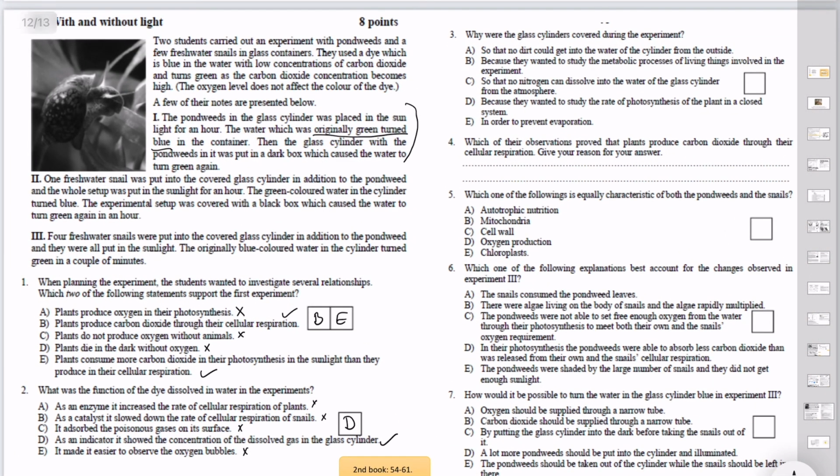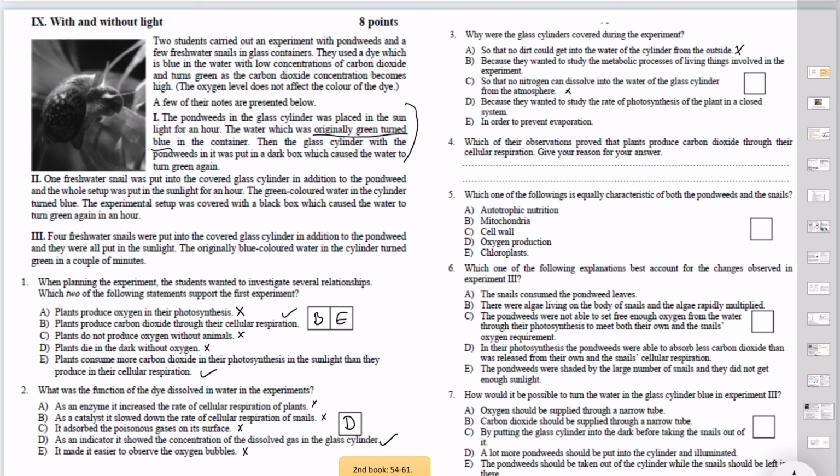Why were the glass cylinders covered during the experiment? So that no dirt could get into the water of the cylinder from outside. Because they wanted to study the metabolic processes of living things involved in the experiment. So that no nitrogen can dissolve into the water of the glass cylinder from the atmosphere.